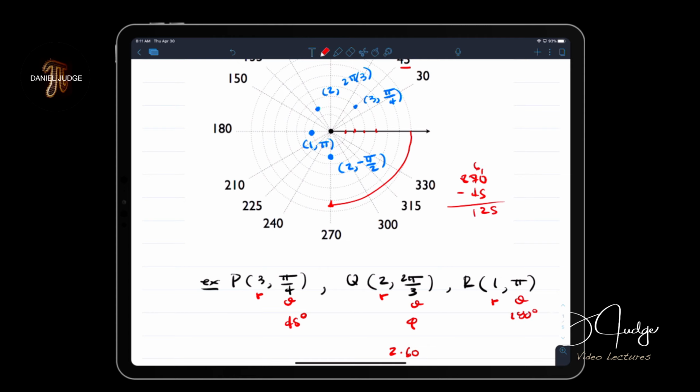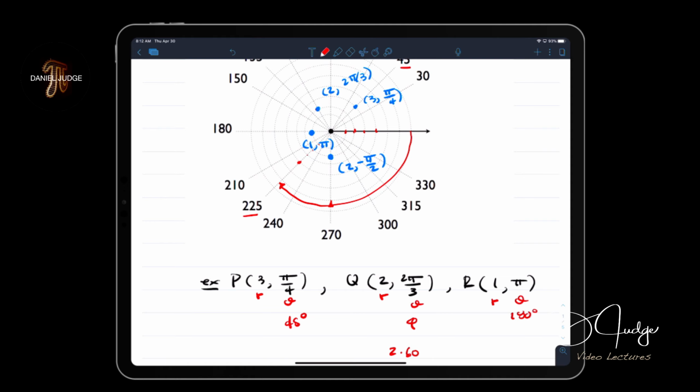That's 225. So we're going to be over here, ladies and gentlemen. We have to go 4 units now. Remember, this is going to be on this line here. We rotated negative 135 degrees, so we go to this line. 1, 2, 3, 4.